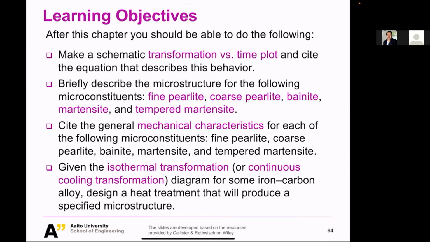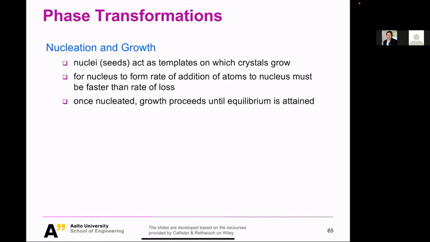For the phase diagram, you know what phases will exist at equilibrium, and this other diagram, we call it either the TTT or CCT diagram. The TTT refers to the isothermal transformation diagram, which basically tells you how much time you need to get those equilibrium phases. All right, so four basic ideas, and now we're going to go one by one.